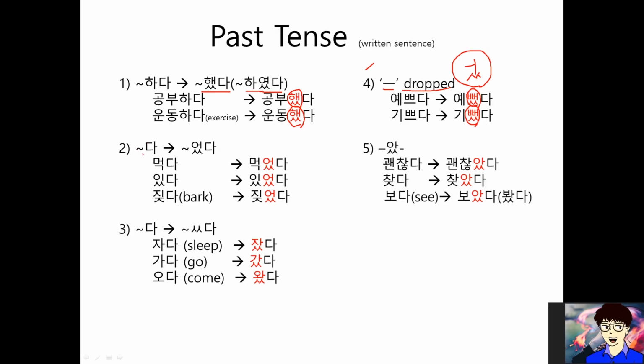And let's move to the second case. When there are verbs like blah blah 다, and the vowel is 어, 에, and 우, like that. Okay? In that case, you should put 었. So, 먹다 is changed like 먹었다.